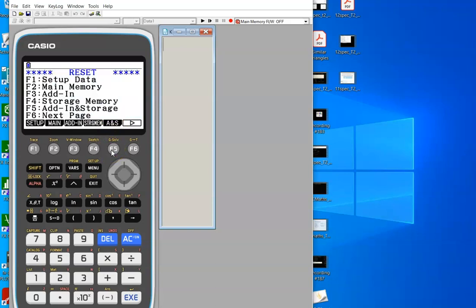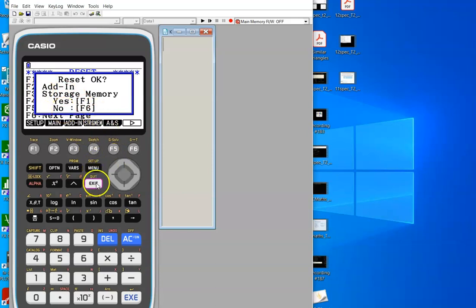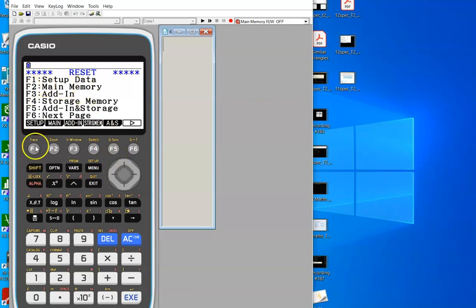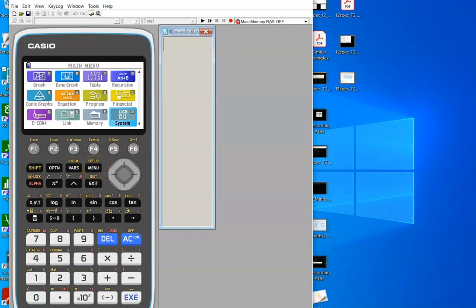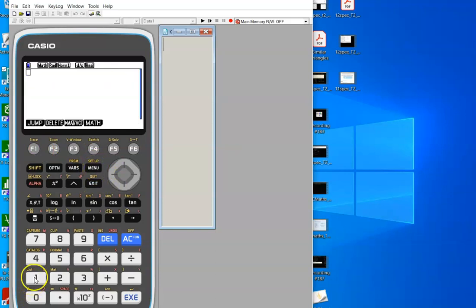We are resetting the main memory, which is F2. Then F1. Press exit. So once again, we're going reset, F2, main memory, F1, and then press exit. And then we're all clear.